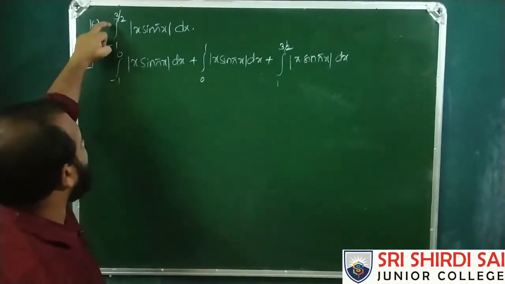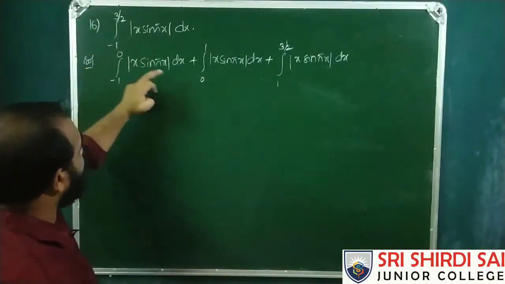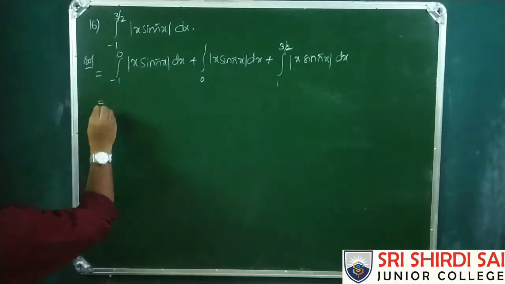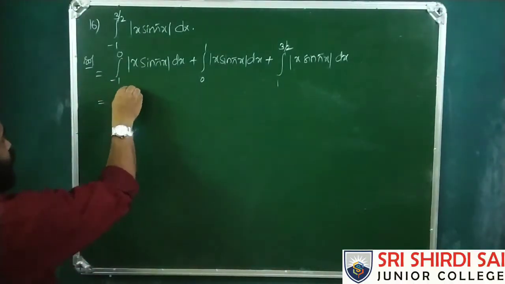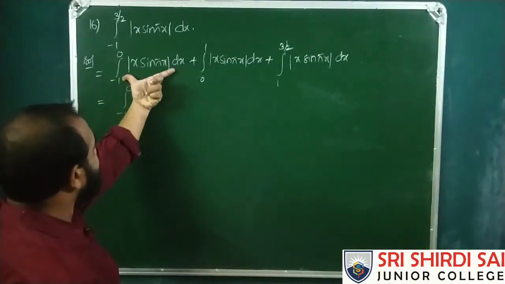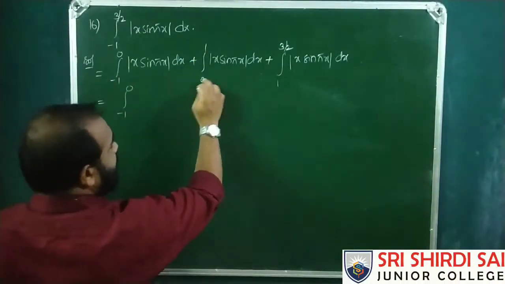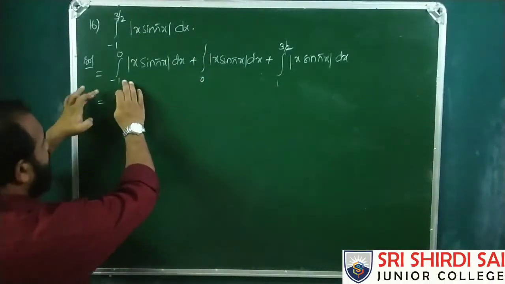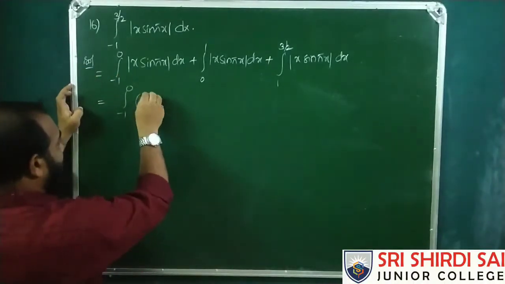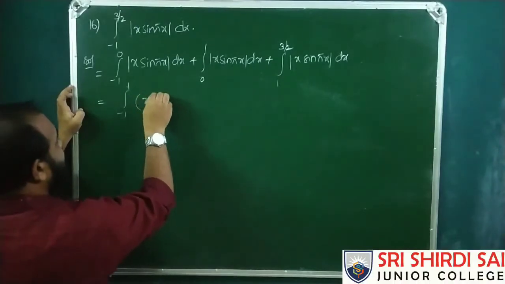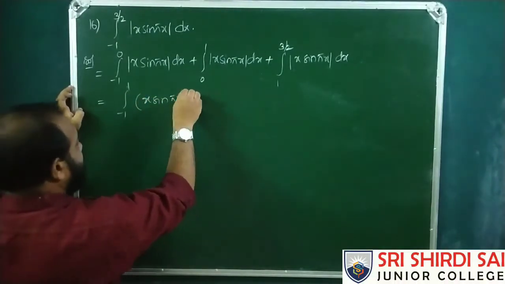So this is minus 1 to 3 by 2, split as minus 1 to 0, 0 to 1, 1 to 3 by 2. So this is equal to minus 1 to 0, the value is positive that we have seen already, and 0 to 1, this is positive. So we can write it in one single function from minus 1 to 1, x sine pi x dx.